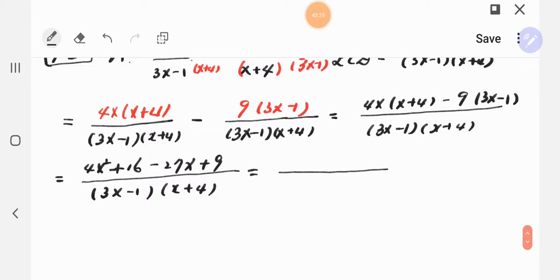Simplify the numerator: 4x squared minus 27x, and then plus 25. The denominator is 3x minus 1, x plus 4. All right, now, can we factor the numerator? I don't think we can factor the numerator. So that's it.